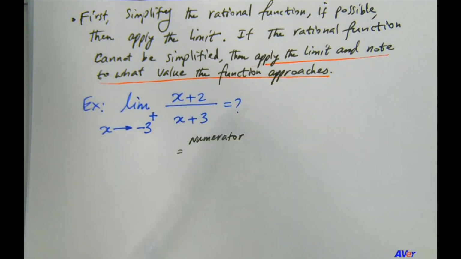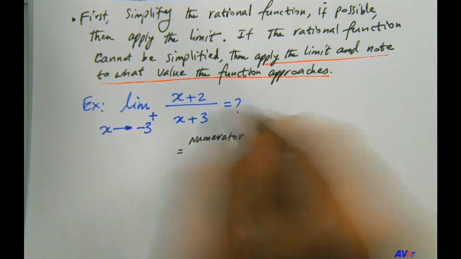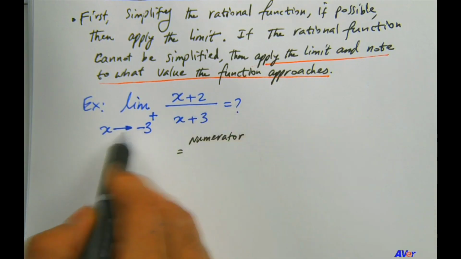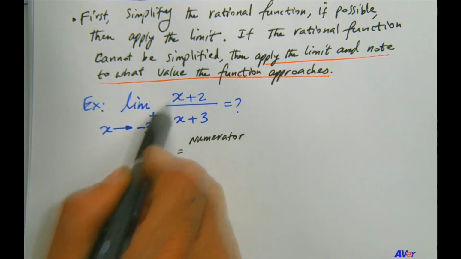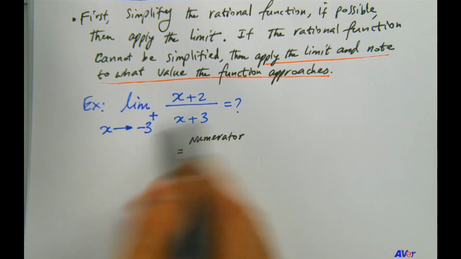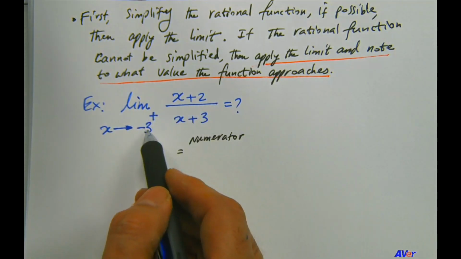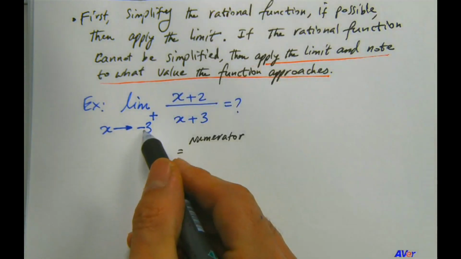That's what I'm doing now. Numerator here, if you apply the limit, or approach -3 from the right, let's say -2.99, -2.995, -2.999, so that means approaching -3 from the right.